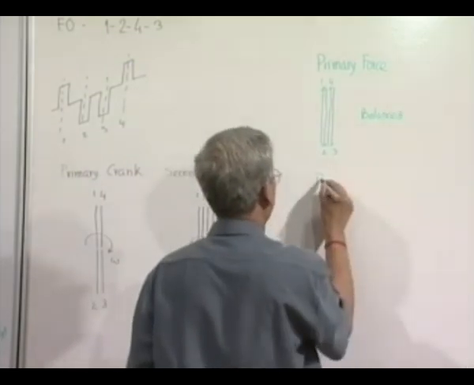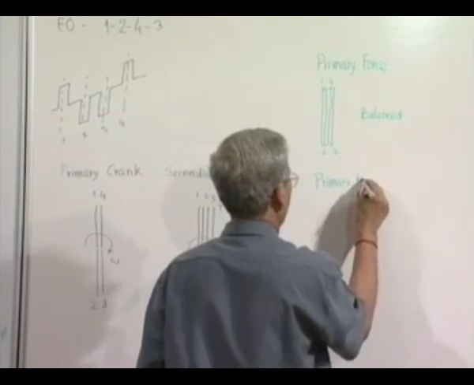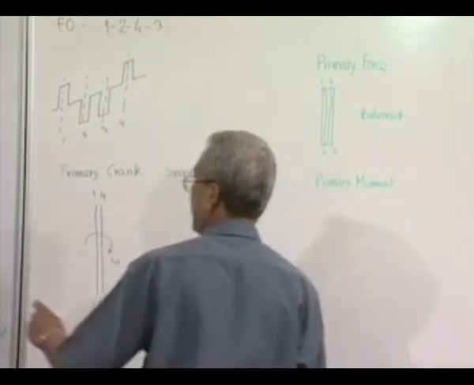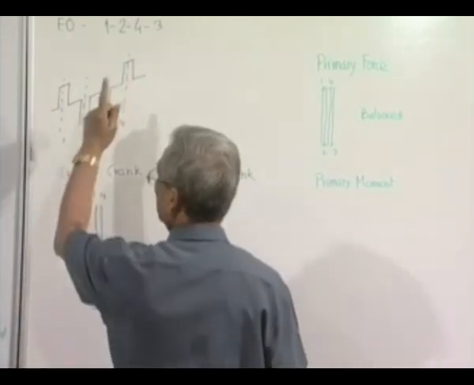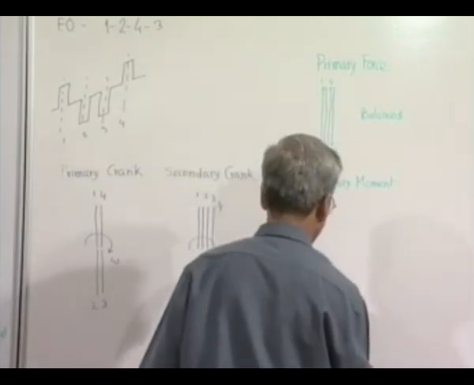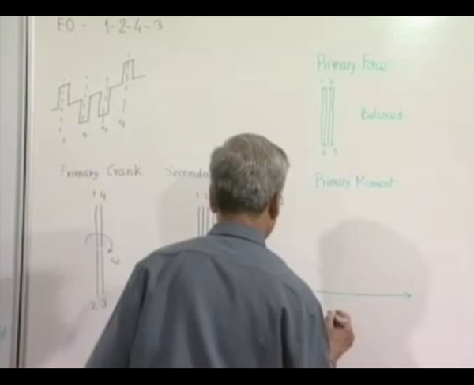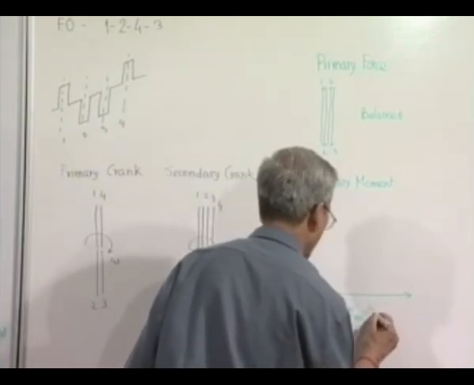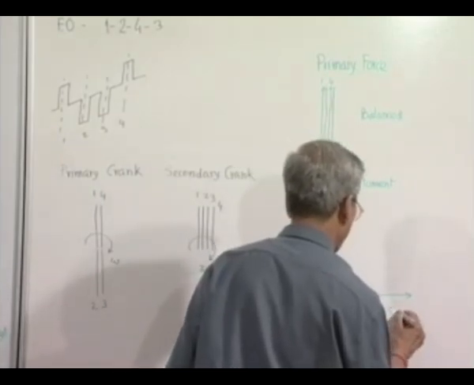Primary moment. So, the force 1 will produce a moment in this direction, and that is m reciprocating omega square r into 1.5 a.